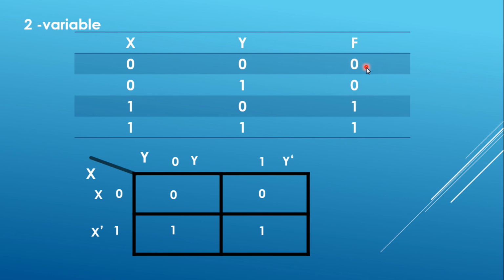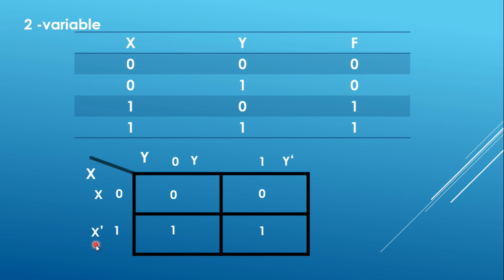Wherever f is 0, you have to plot those out, and when you group them, you have to group the zeros together. You also have to take care when plotting the map that when x is 0, it has to be the non-complemented form of x, and when x is 1, it is the complemented form of x.